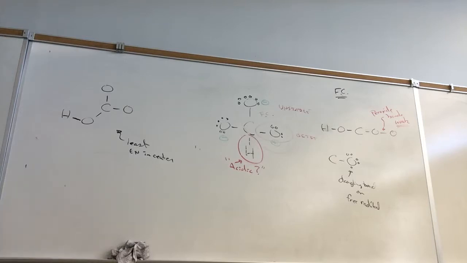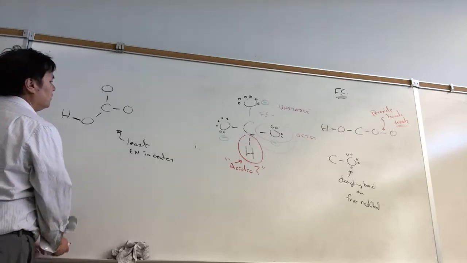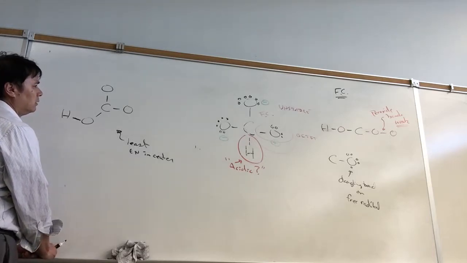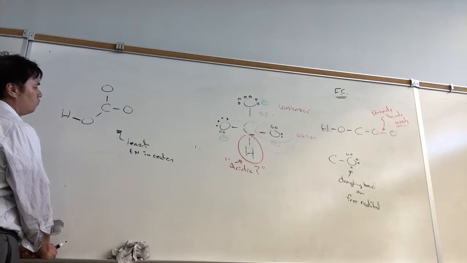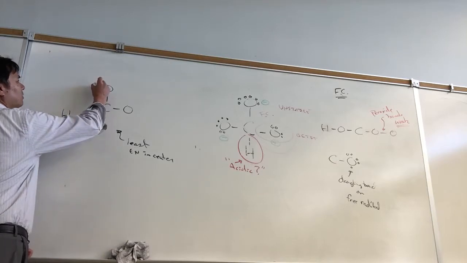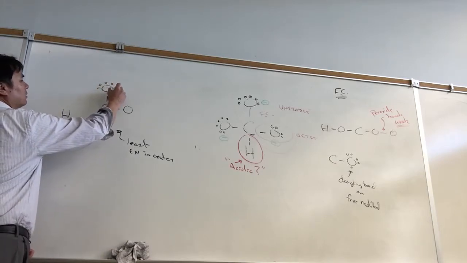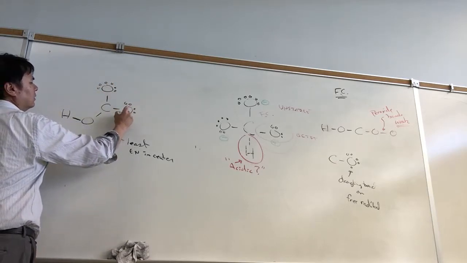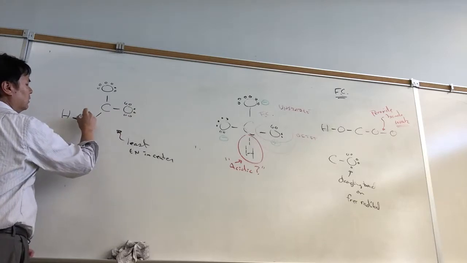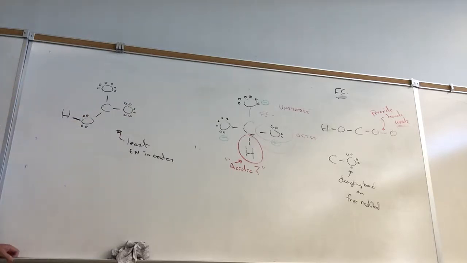Okay, now this looks okay, and then we can complete the octets to the outer electrons here. Like that. Well, that takes care of 24 electrons, so this is good. This checks out.